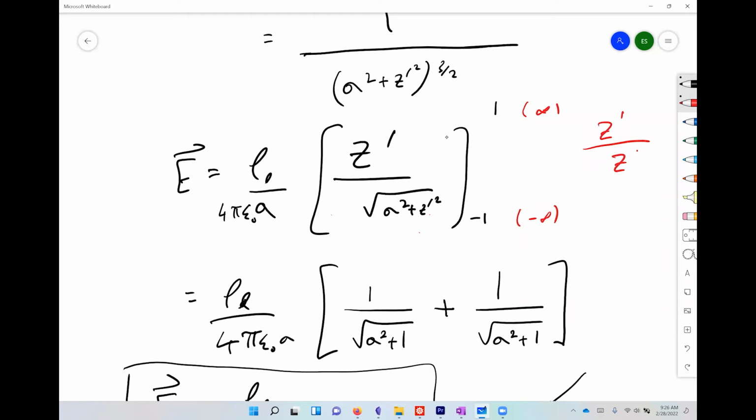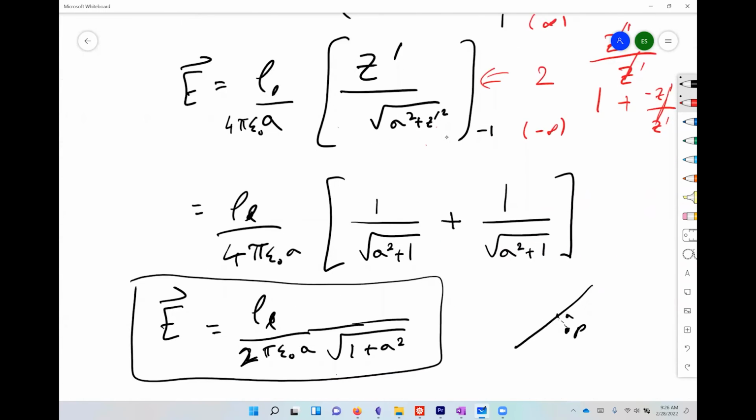So it's going to be z prime over z prime, so it's going to be 1. Okay, minus infinity. So it's going to be minus z prime. Again, minus infinity squared is infinity, so it's going to be z prime over z prime, so it's going to be minus 1. So minus 1 is going to be plus 1. So this is just going to be 2. This whole thing is going to just give me 2, if I let the limits go to minus infinity and infinity due to the limiting process.